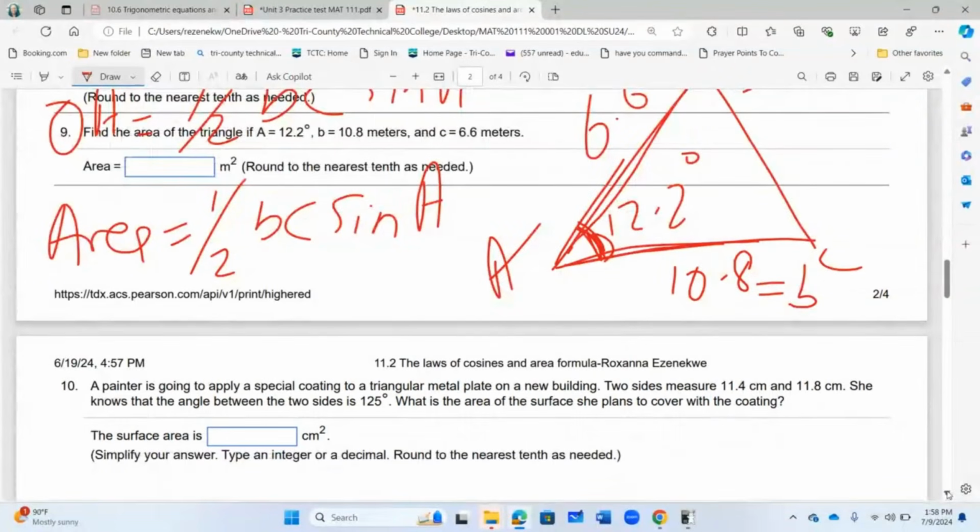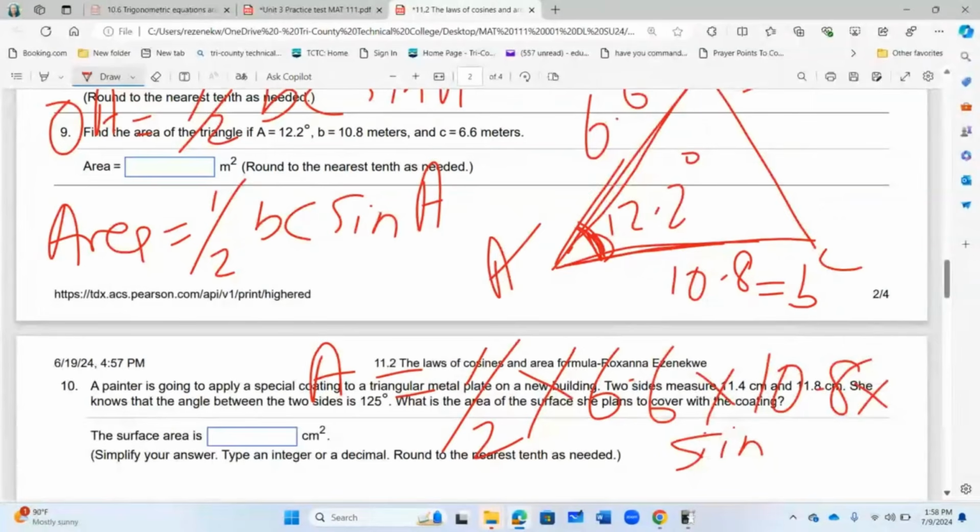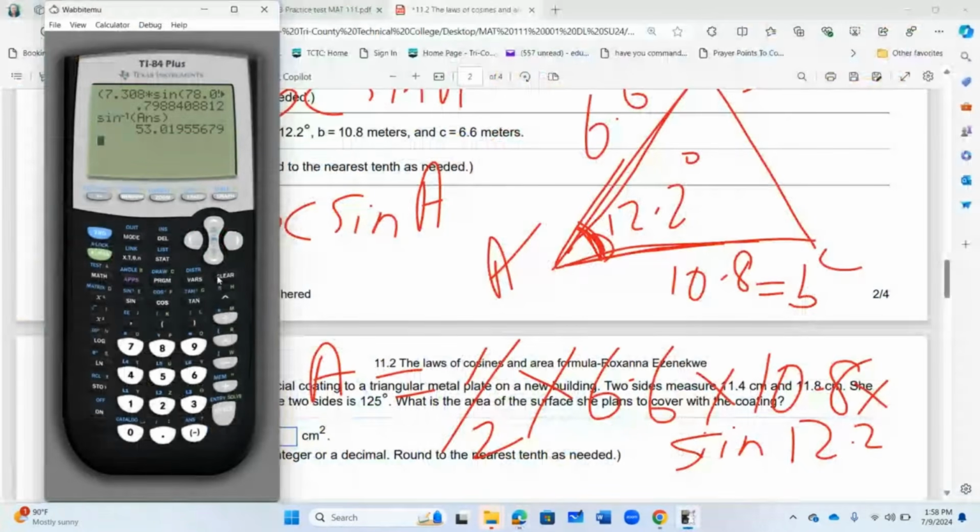So I'm going to plug in what I have. Area is equal to 1/2 times the sides I'm given, 6.6 multiplied by 10.8, multiplied by sine A, half BC sine A, with A equal to 12.2. On the calculator: 0.5 multiplied by 6.6 multiplied by 10.8 multiplied by sine 12.2 degrees.